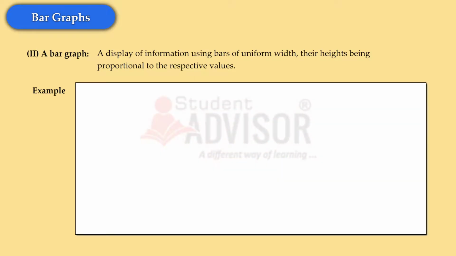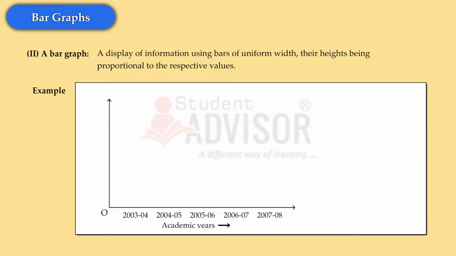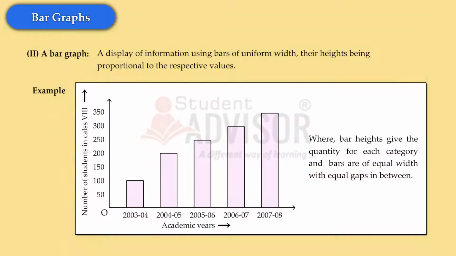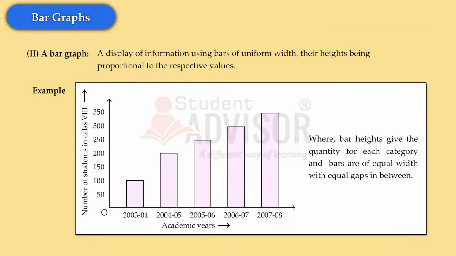Study the given example. Bar heights give the quantity for each category, and bars are of equal width with equal gaps in between.